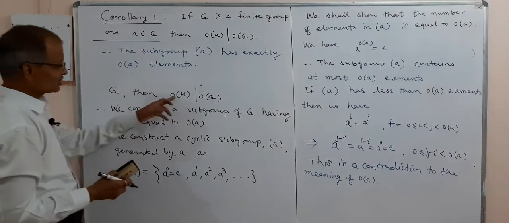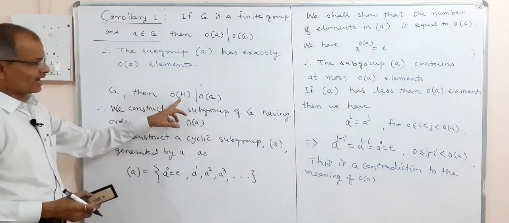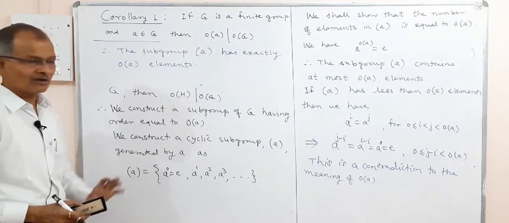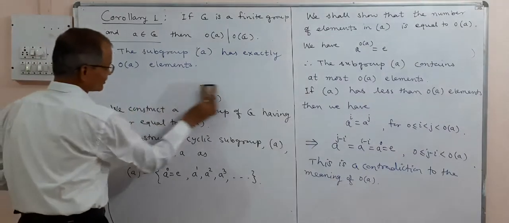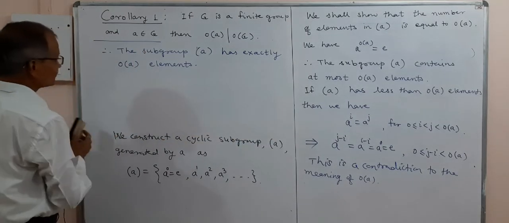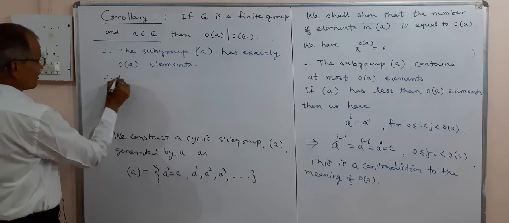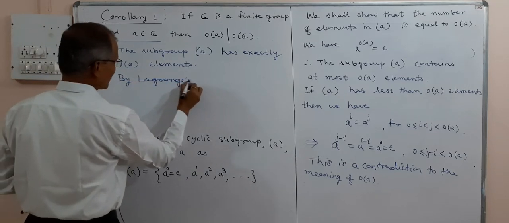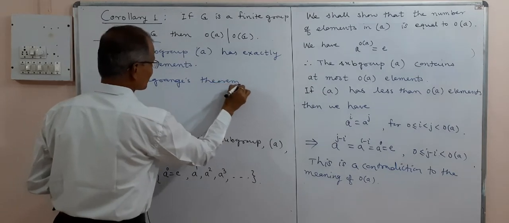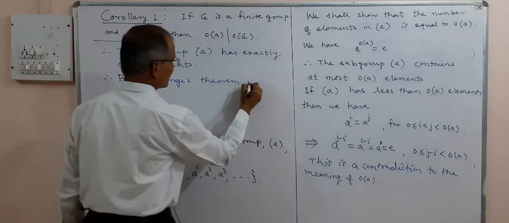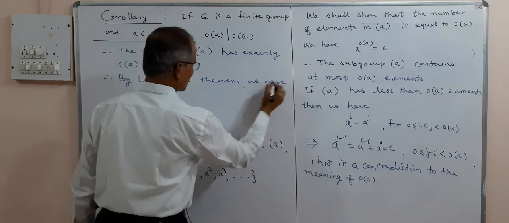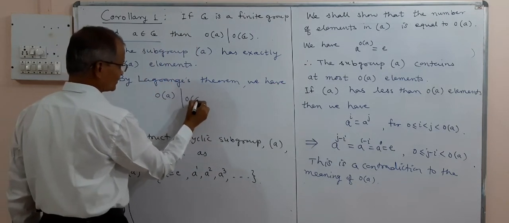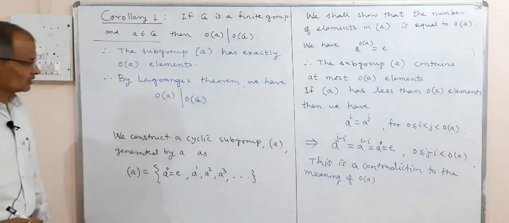And if these two are equal, then by Lagrange's theorem, order of H divides order of G, which means order of a divides order of G. So by Lagrange's theorem we have order of a divides order of G, and this proves the theorem.